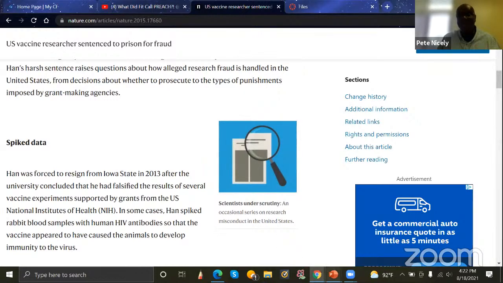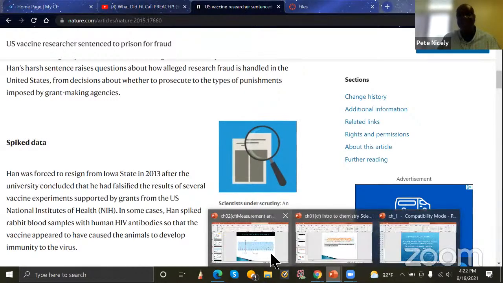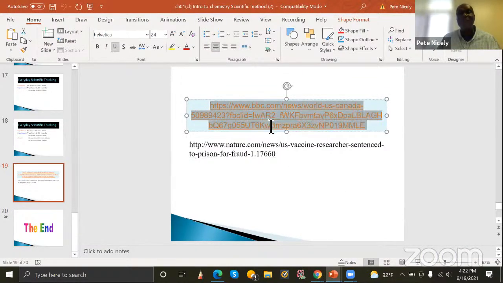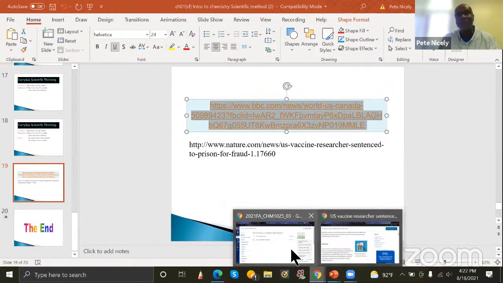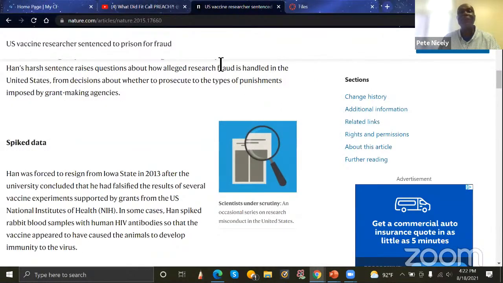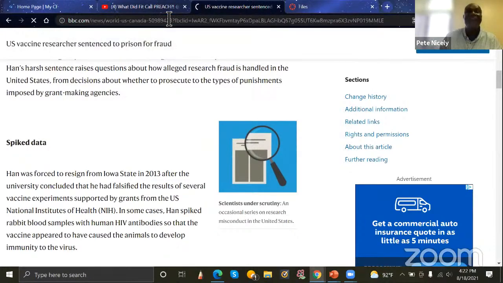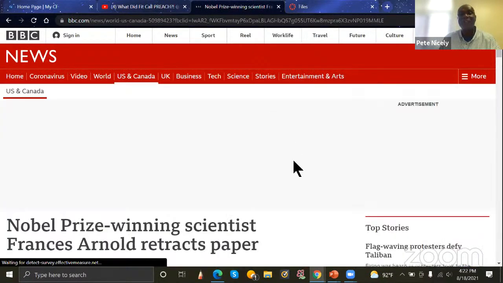Now, another example I want to point to, let me get back to here. And this I found to be very interesting. This is another article. Now, one of the hallmarks of good scientific practice is that whatever the result you get, right, after doing your experimentation and research and so on, that result should be the same regardless of who did the experiment.